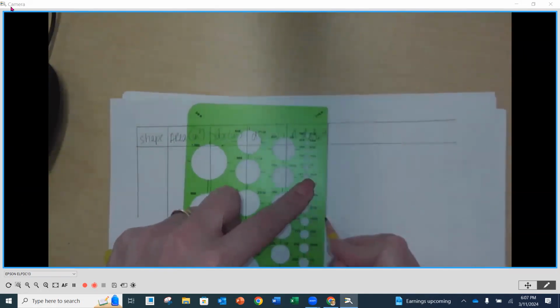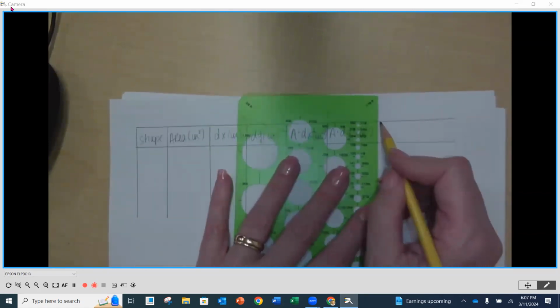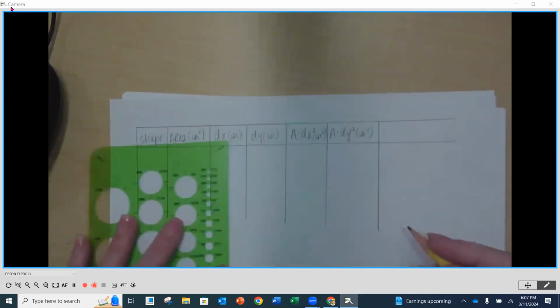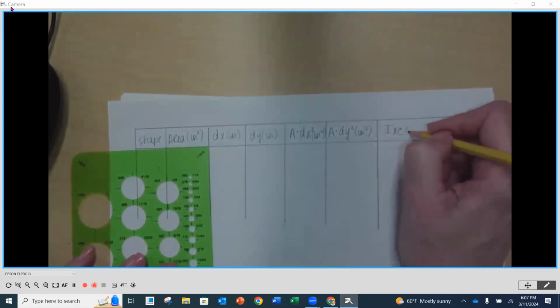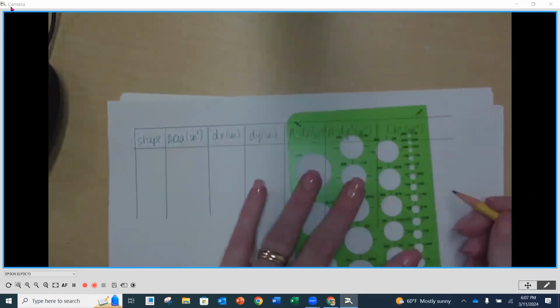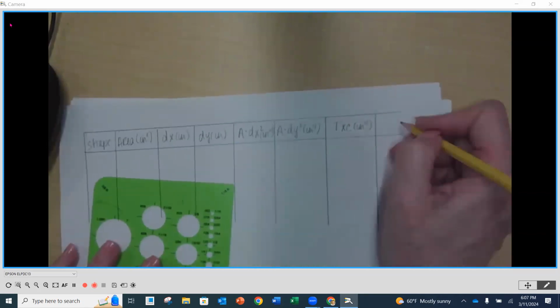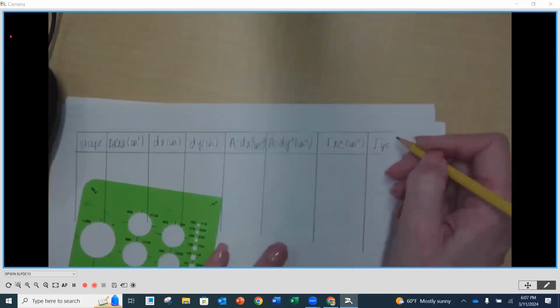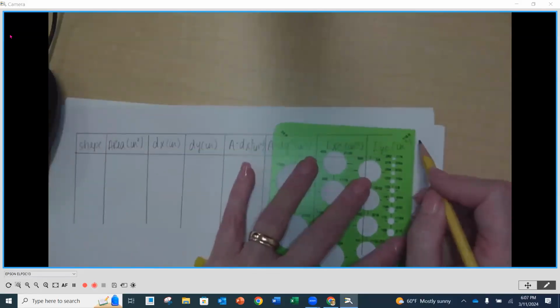I put my units in the top just because that way I don't have to include them in my cell, if you would. A times dy squared, inches to the 4th. And then I'm going to have my IXC, inches to the 4th. And my IYC, and that's also inches to the fourth.